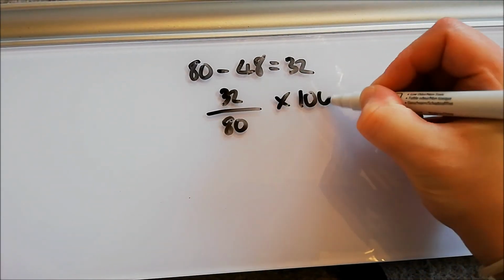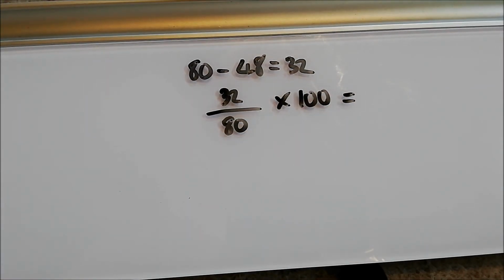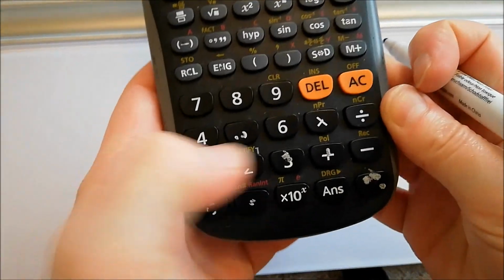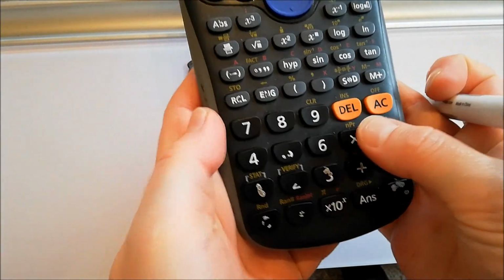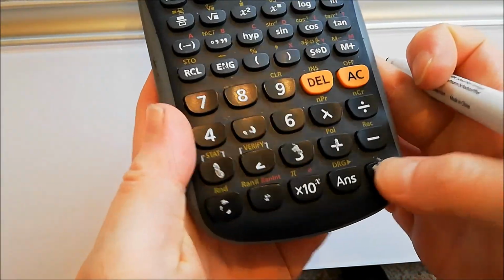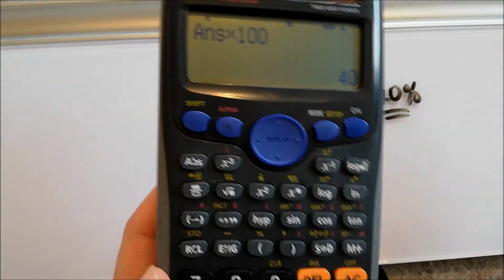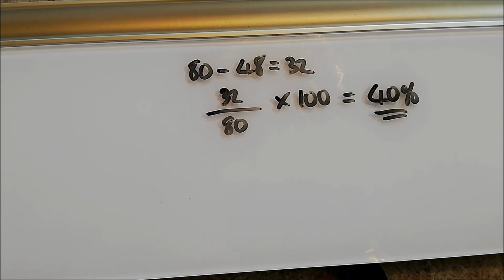We'll put times by 100 on the end and that will go into the calculator. So you can use your fractions button or a divide just like before. So I'm going to do 32 divided by 80 equals times 100 equals, and that'll give me 40% like before, okay? And that's all there is to those two topics.